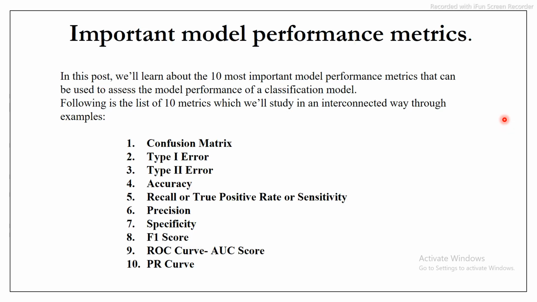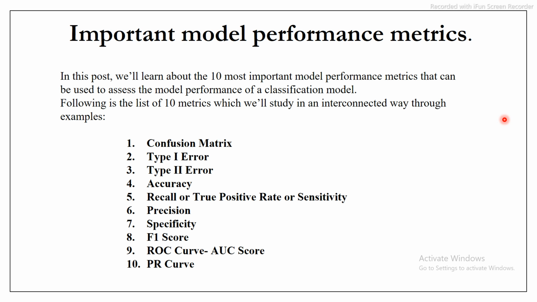So how are you going to measure the performance on the training as well as the test data? How has your model performed? In that case, you have to do some analysis, and these are some of the KPIs, the metrics. For example, the confusion matrix, and type 1 and type 2 error, which you calculate through the confusion matrix. Then you check the accuracy of the model, then the recall value, sometimes also called sensitivity.